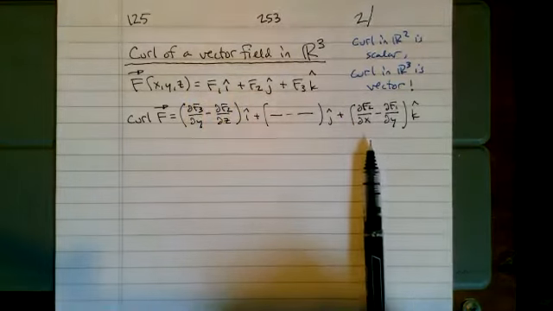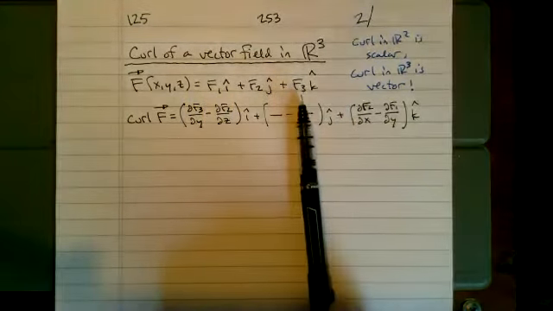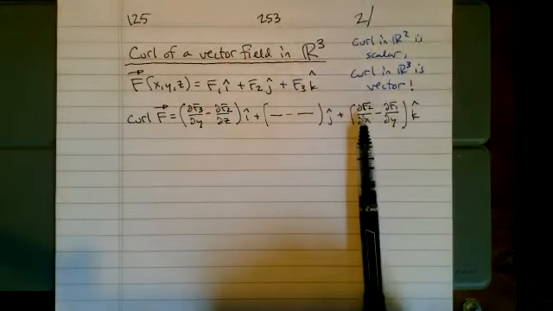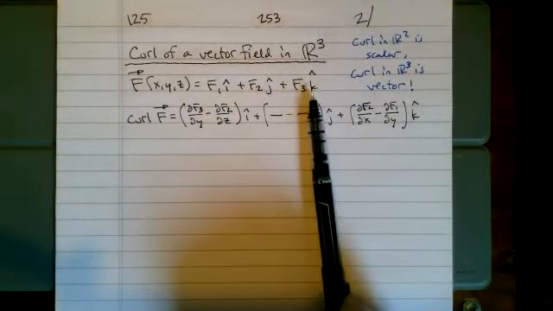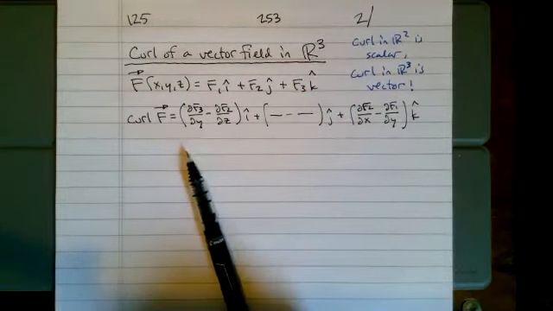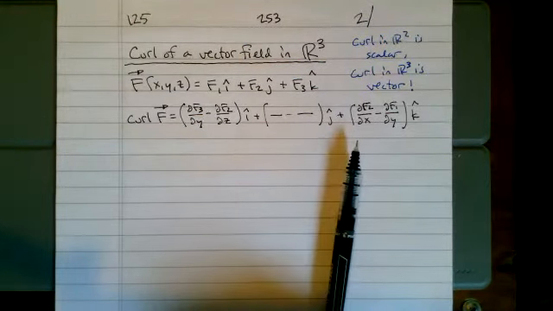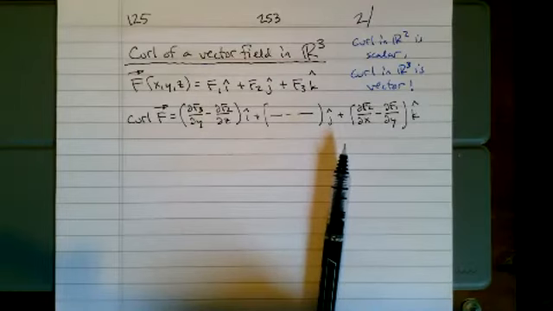Look in the K component. The K component in the vector field is an F3, but we're using F1 and F2. The K component is a Z thing, but we're using X and Y. So in the J component, we should see F1 and F3 and a dz and a dx. And they shouldn't match.